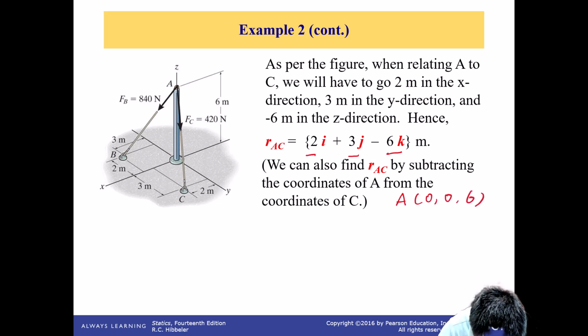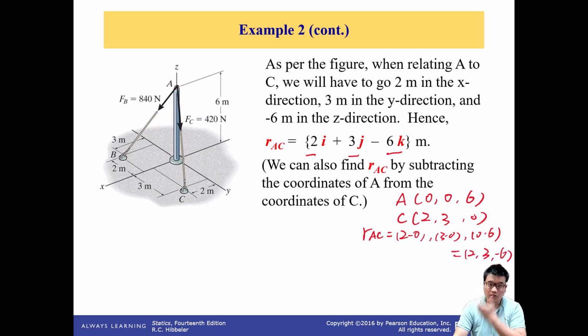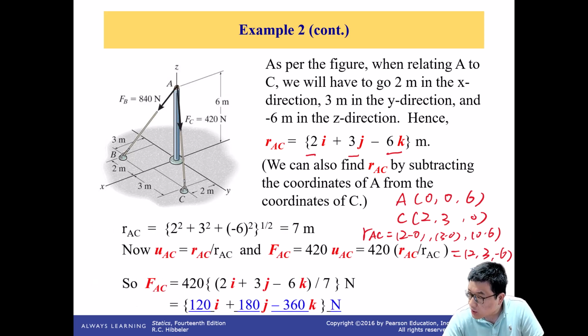The coordinate of C should be 2, 3, and 0. RAC will be 2 minus 0, 3 minus 0, and 0 minus 6. It becomes 2, 3, and minus 6. You can get the same answer as well. So we know RAC is 2i plus 3j minus 6k.